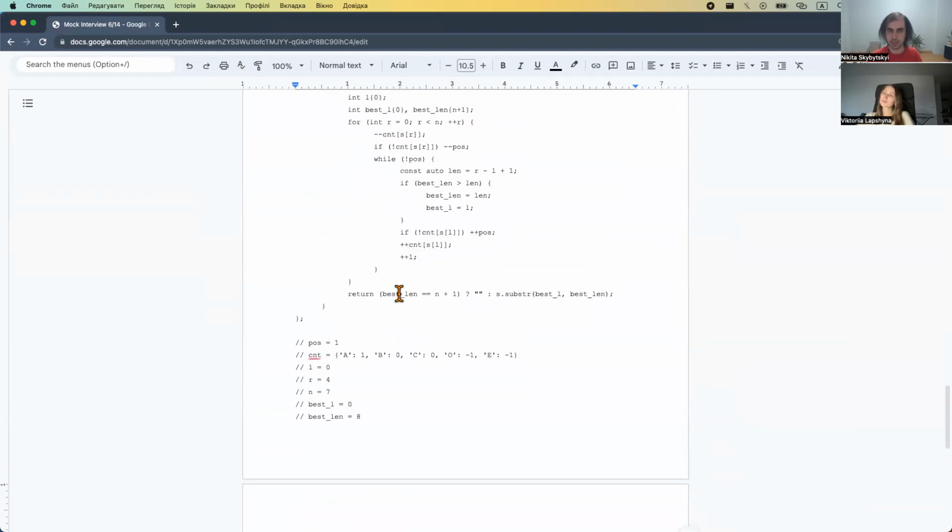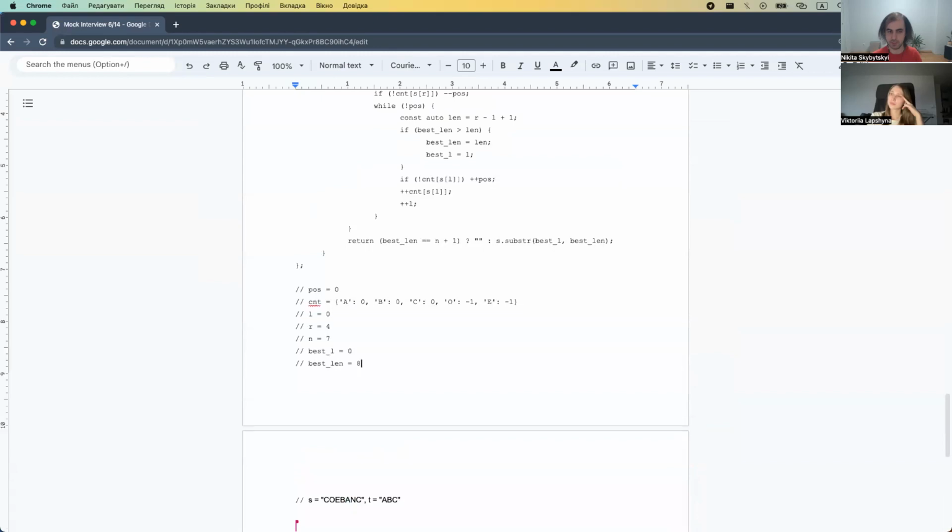I hit letter A. I subtract. I hit 0, so I subtract from positive. And then I say, while not positive, I get into this loop. Length equals right minus left, 4 plus 1, 5. Len equals 5. Len is shorter than best len, so I update best len to 5 and best left to left. Well, it's still 0.